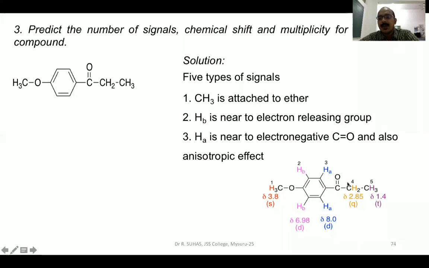This CH2 is acting as a methyl ketone, so the value will be 2.85, and this is primary alkyl. You cannot have the value 1 for primary alkyl because it has a carbonyl group. There will certainly be an influence of the anisotropic effect on this methyl also, and hence there will be a slight increase in the delta value of this primary alkyl group. So this is how you have to solve the problems.